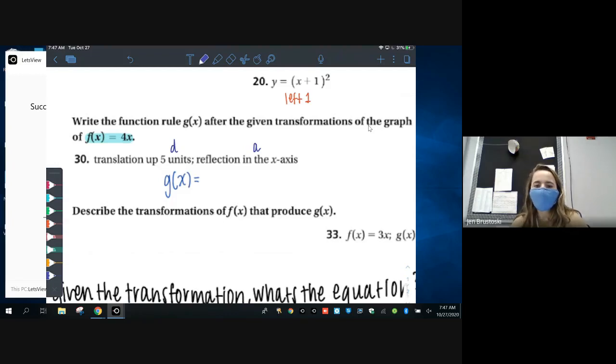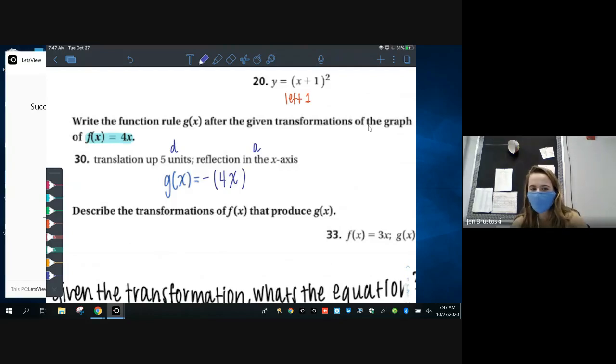So what we're going to do is take this 4x and switch it, change it, rearrange it. If there's a reflection over the x-axis and our A is changing, A is then -1, or just negative.